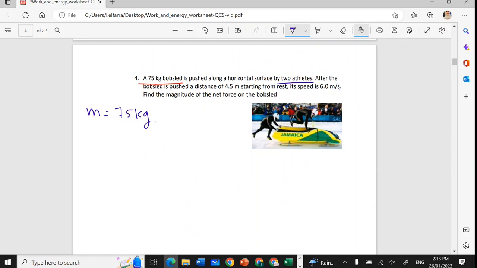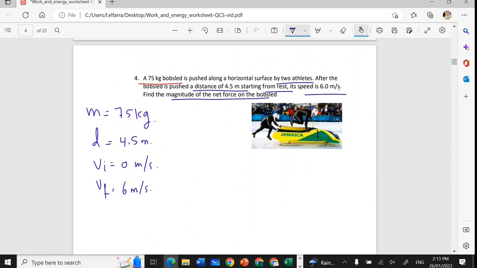After the bobsled is pushed a distance, so we have the distance D or delta X equals 4.5 meter. Starting from rest, that means the initial speed for the sled was 0, it wasn't moving. To speed, so we have v final, 6 meter per second.